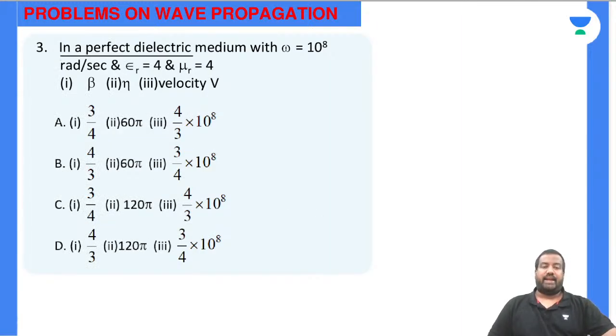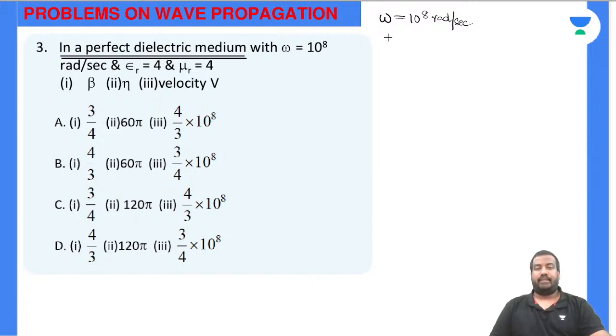In a perfect dielectric medium, omega is equal to 10 power 8 radian per second. Epsilon r is 4. Mu r is 4. Find the value of beta. In a perfect dielectric, beta is omega into under root mu epsilon.